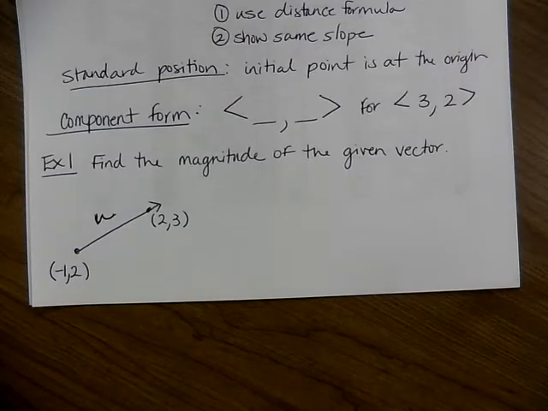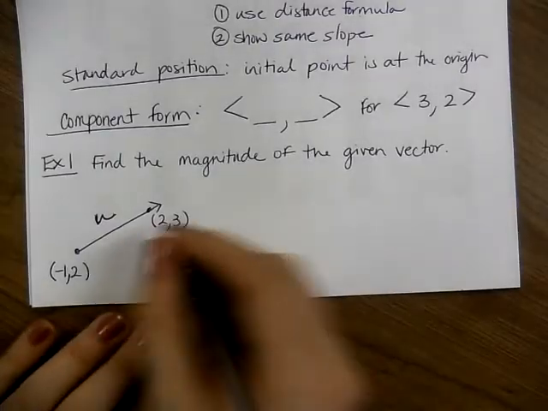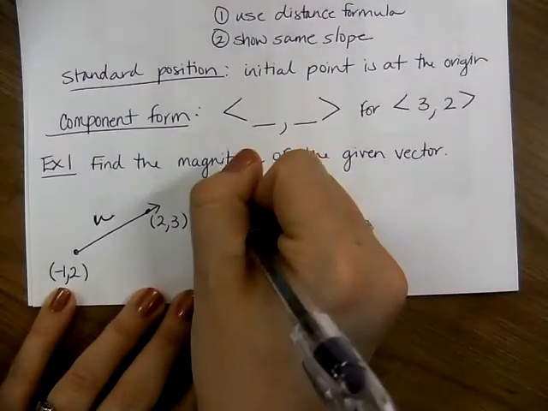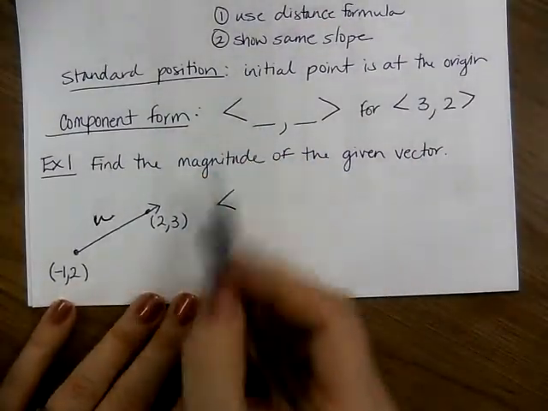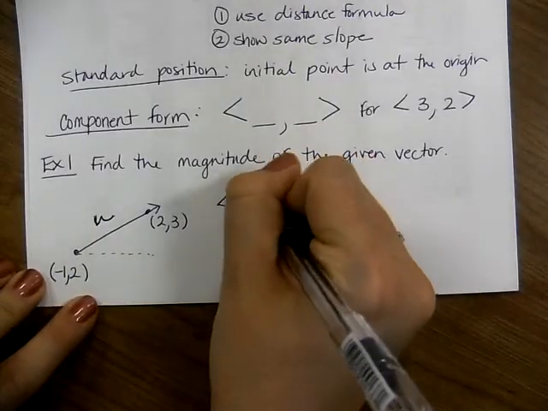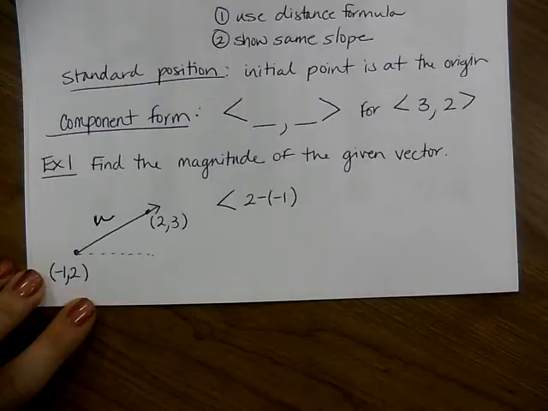Anytime you're going to find the magnitude, you want to see the horizontal and the vertical component. We're looking for the horizontal distance and the vertical distance. We're going to write it in component form. You can calculate this mathematically, or you can count. It's pretty simple. If I want to know this horizontal distance here, can I just take 2 and subtract -1 to figure out the distance?